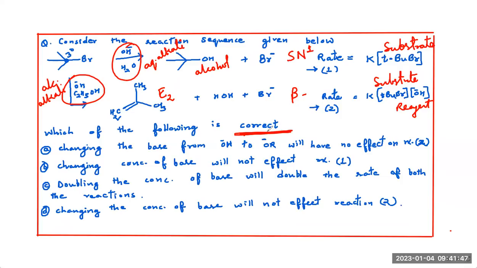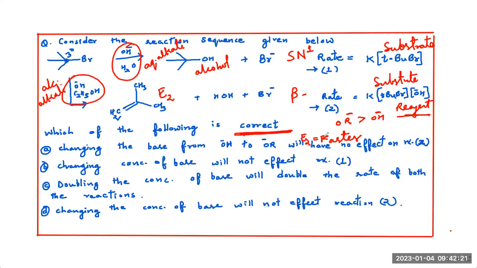Because reaction 2 depends on the reagent, and hence changing the base will definitely affect reaction 2. Also, OR minus is a stronger base than OH minus. If I have a stronger base, then the E2 will be faster. So definitely it will affect the rate of reaction. E2 will become faster.